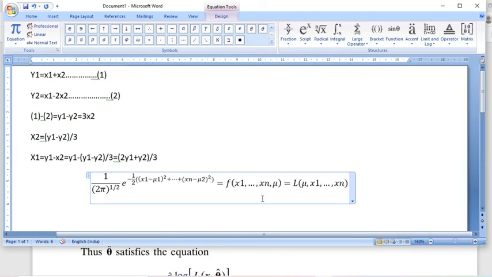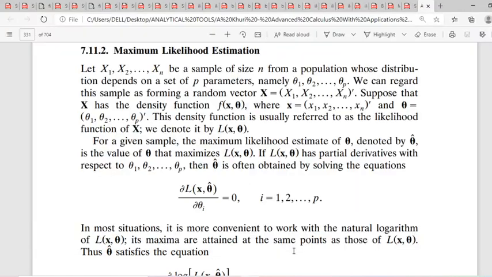If we are calling it the joint density function, we treat x1, x2, ..., xn as observations and mu is fixed. If you are calling it a likelihood function, we can consider mu as random and x1, x2, ..., xn as given values.